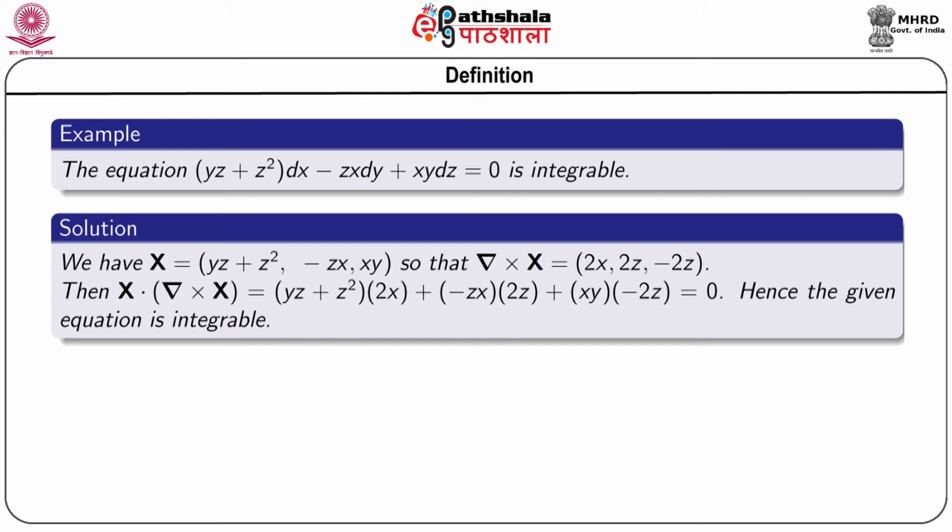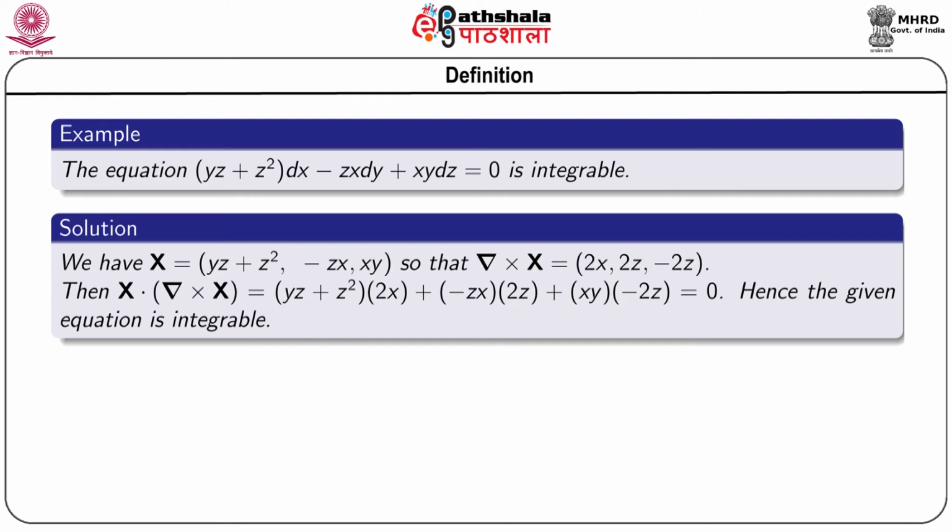So, the capital X in vector form has the components yz plus z square, minus zx, and xy. So, curl of X for this example becomes (2x, 2z, minus 2z). If we compute X dot curl of X, after simplification it becomes 0.